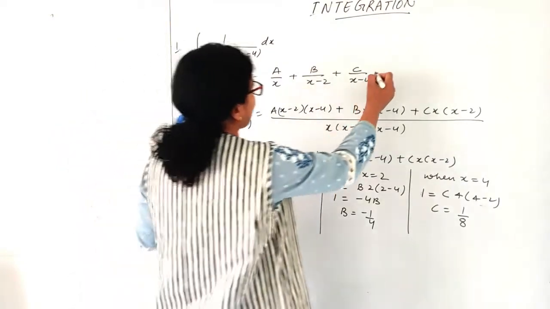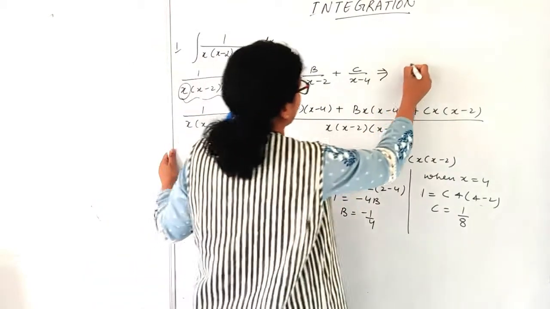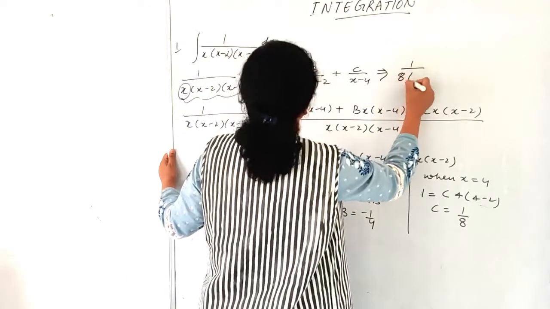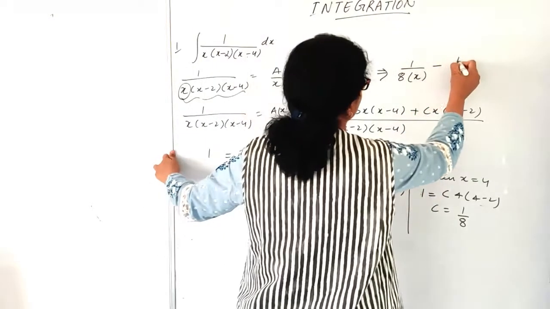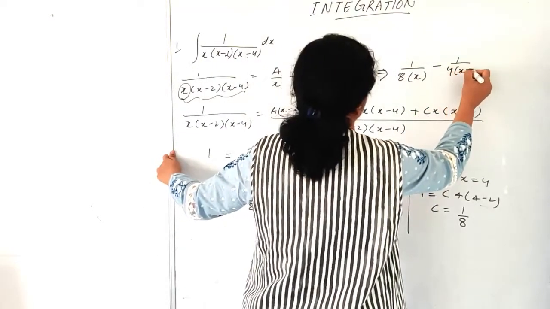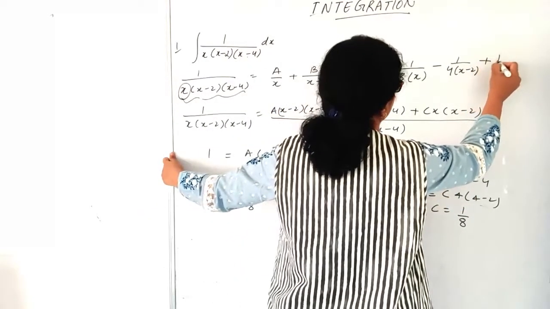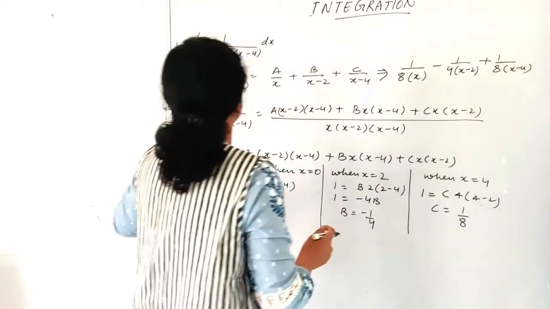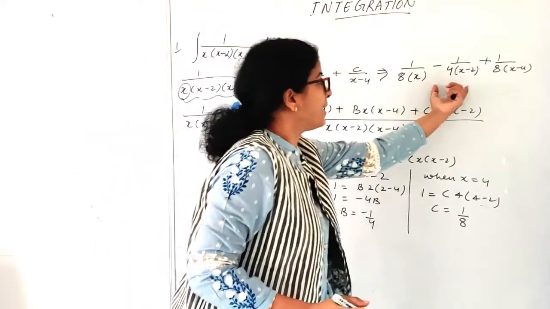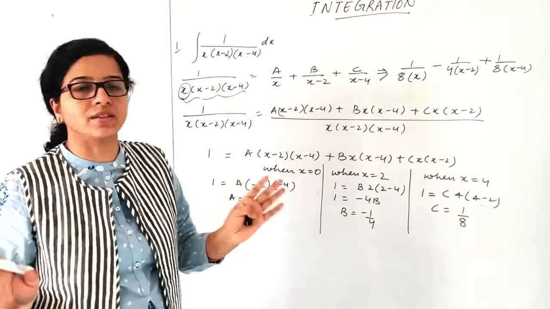So it means I can write this as: value of A is 1 by 8 upon x, value of B is minus 1 by 4, and value of C is 1 by 8 again. So this part can be written as this, and now if I substitute here, I can integrate easily.